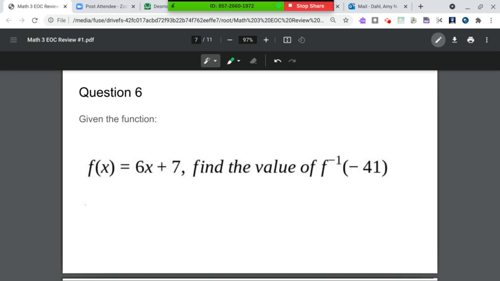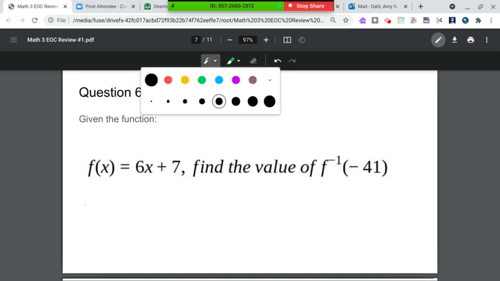Okay, number 6 gives you a linear function, f of x equals 6x plus 7. And it wants you to find the value of f inverse of negative 41. So we know that when you have a function and then you have an inverse function, the ordered values flip-flop.